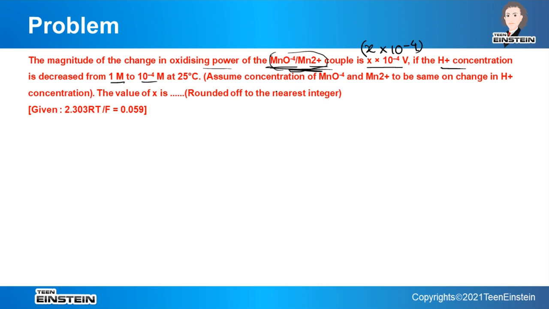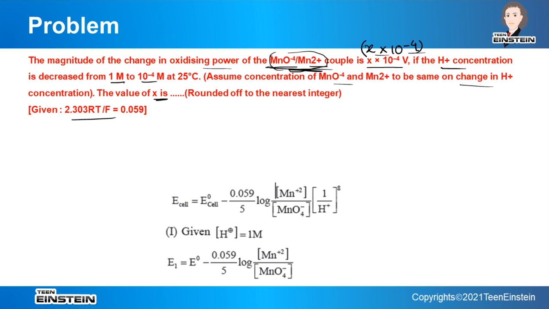Here some more information: assume concentration of MnO4 minus and Mn2 plus to be same when you are changing the H plus concentration. And the value of x we have to find. Okay, so whatever will be the final result, you have to write it in this format. Then compare what is the value of x. And this is 0.059, that is known.